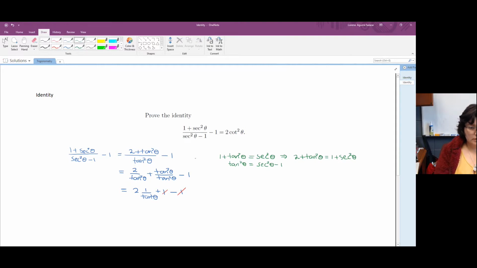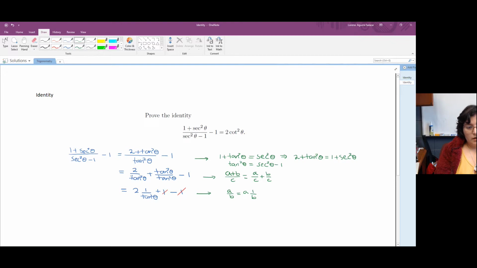So here, on top, we used (a plus b) over c is a over c plus b over c. And then we used a over b equals a times 1 over b.